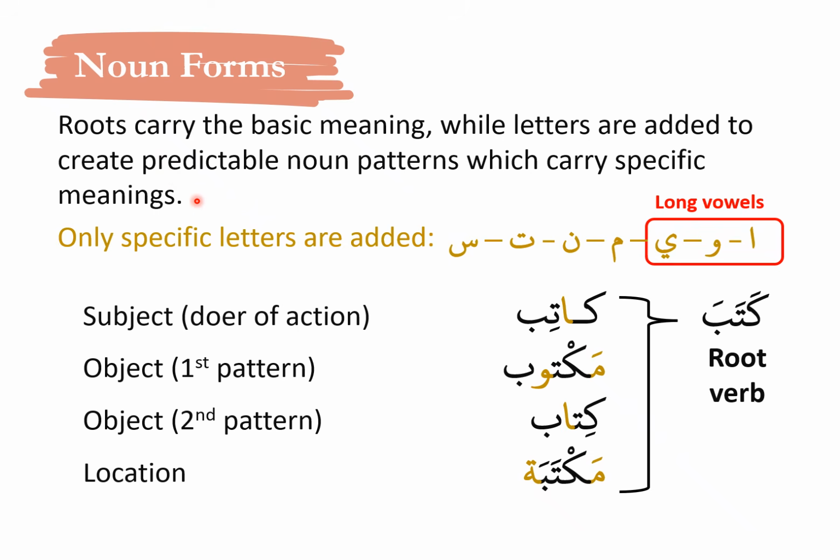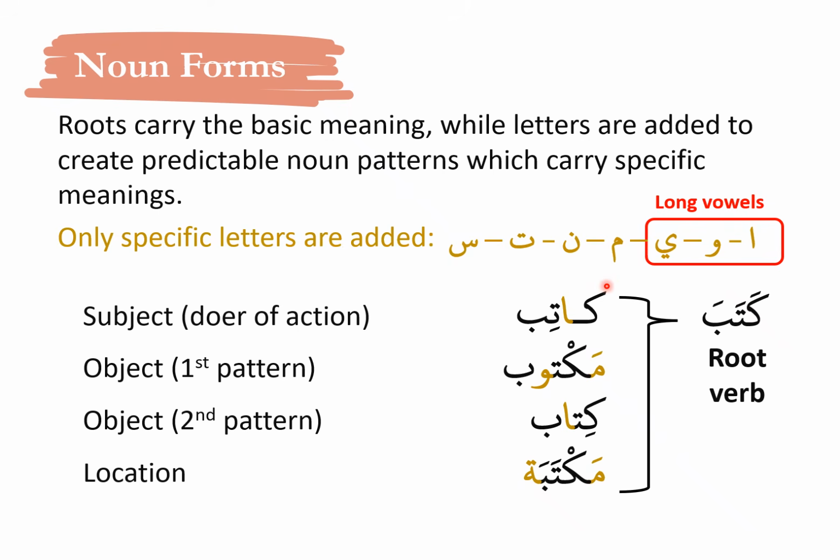I'm sure many of you are familiar with the root and pattern system. It's basically taking a root letter, usually 3-lettered, it can be a 4-lettered root and so on, but taking this root and adding to it additional letters, and they are specific letters in each case.